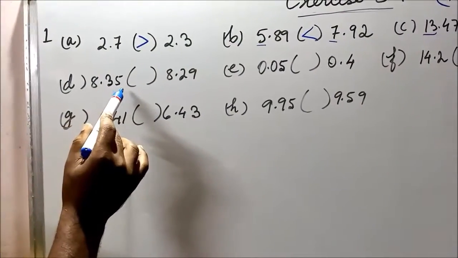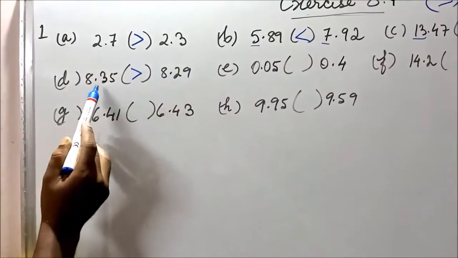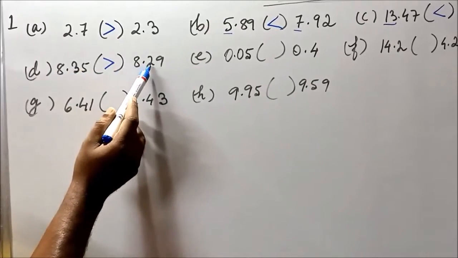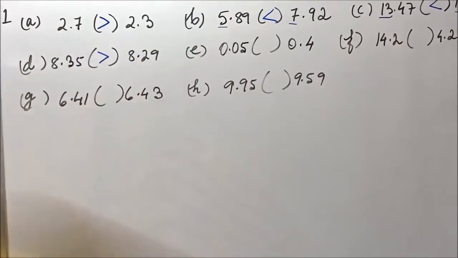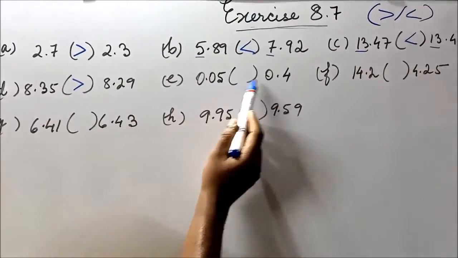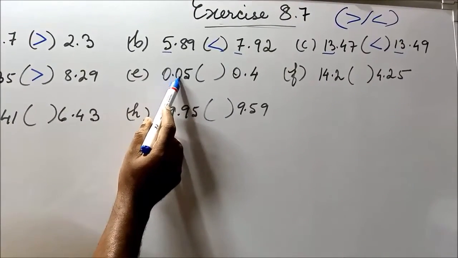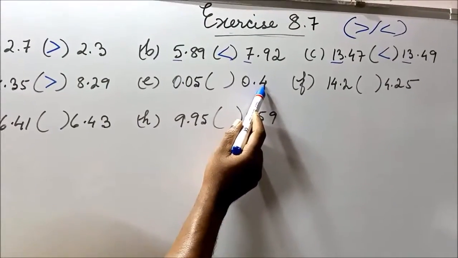Likewise, 8.35 is greater than 8.29, because in the decimal part the 10th place is 3 and the 10th place here is 2. So 8.35 is greater than 8.29. Here in the whole number part we have 0, and after the decimal point the 10th place is 0, and here the 10th place is 4.